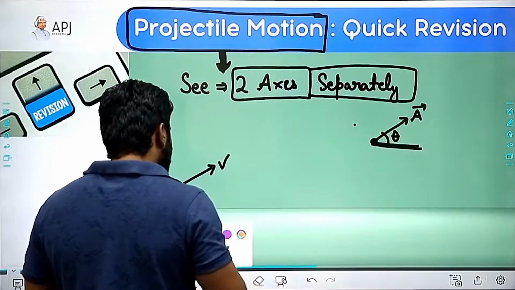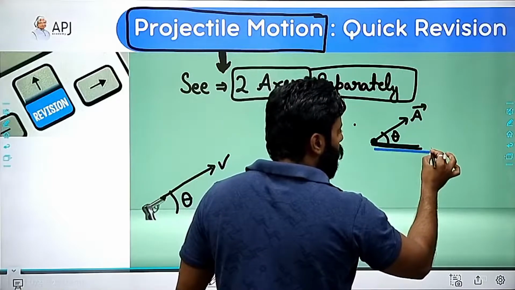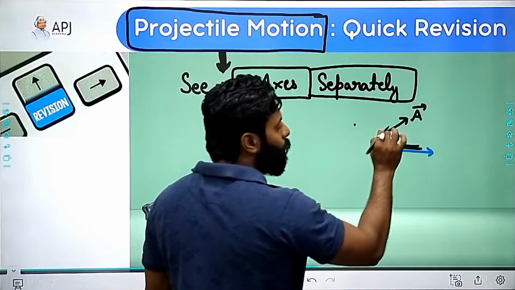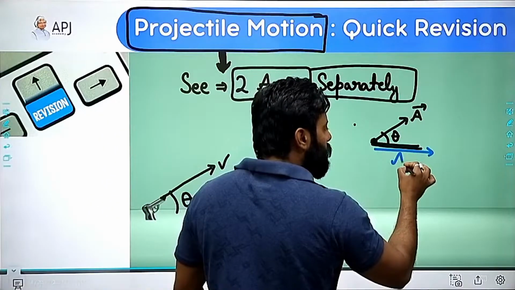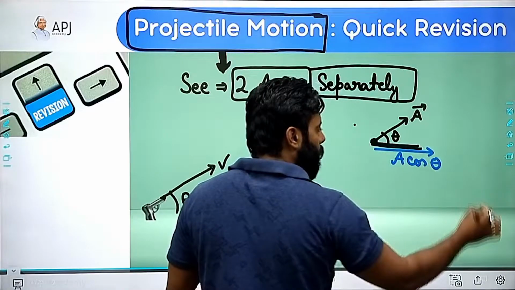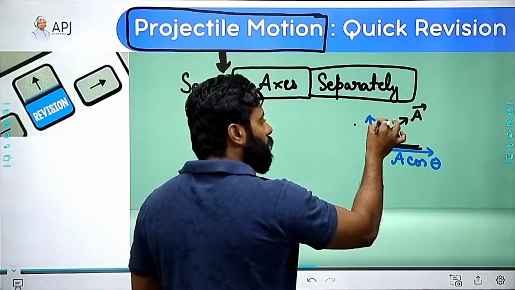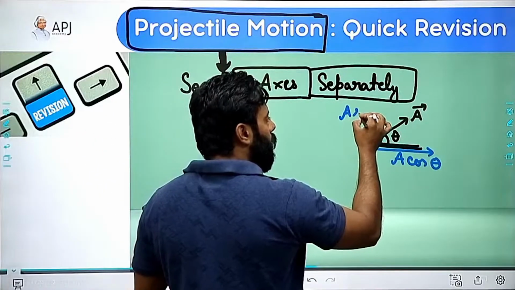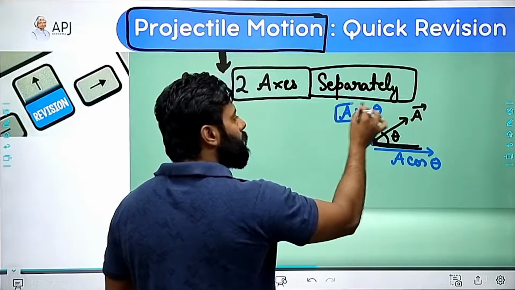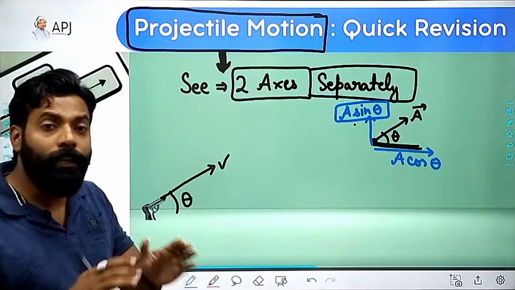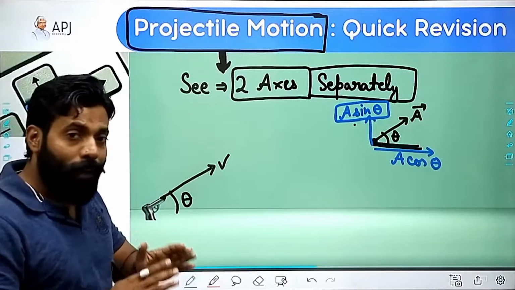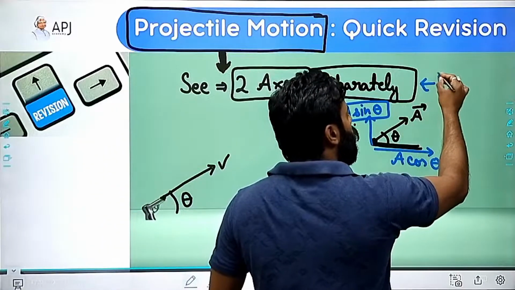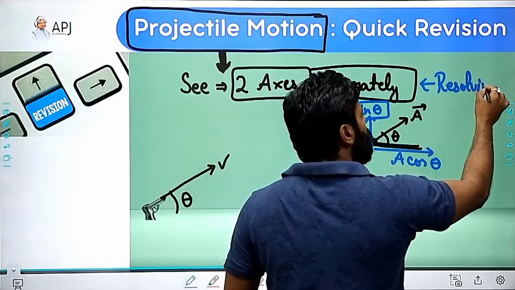Then, if I am resolving this vector in the direction of the x-axis, I can resolve this vector as A cos theta. And if I am taking this vector on the y-axis, then this vector will be A sin theta. So basically these are the resolution of a vector. When anything is given in a plane, I'll be resolving these things along these axes.